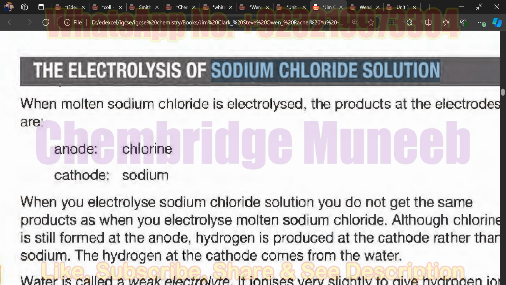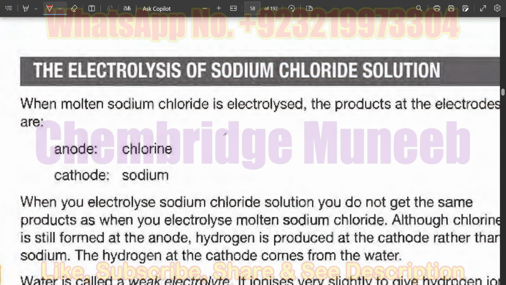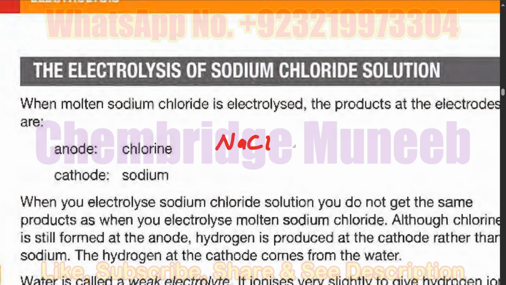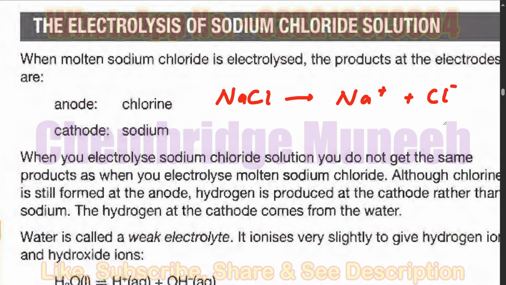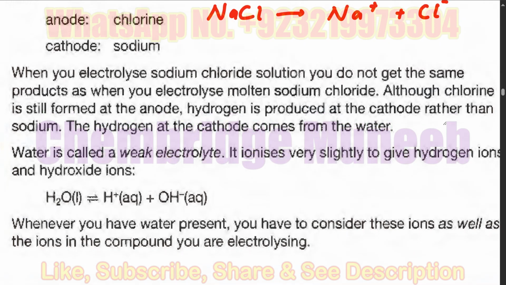Sodium chloride will split into sodium ions and chloride ions. Is that clear? Yes. But what about the water? How is the water dissociated into its ions through electrolysis?